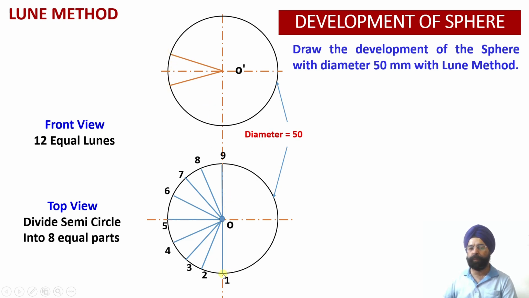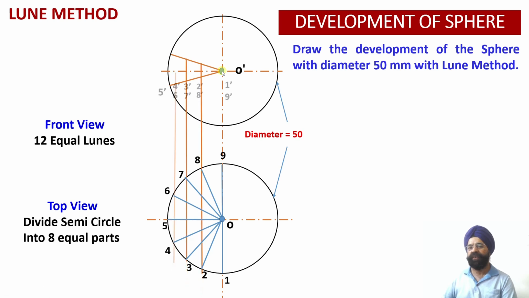So please see, corresponding to 1 and 9. 1 and 9 basically correspond to the two ends of the diameter or two ends of the axis over there. So corresponding to the two ends of the axis, my thickness is going to be 0, as I explained. If you draw the vertical projector through 1 and 9, 1 dash and 9 dash points will be obtained at the two ends of the axis, which are being projected as a point over here.